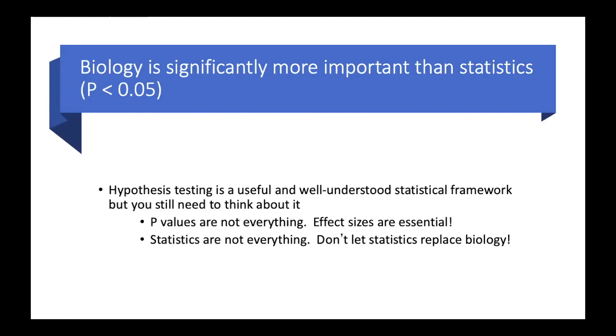We also need to consider effect sizes and the magnitude of the effects that we're talking about. And especially when it comes to reporting our results, we need to remember that statistics aren't everything and that we do biology because of biology. So we should always make sure that our statistics support our biology and don't replace our biology in our science writing.